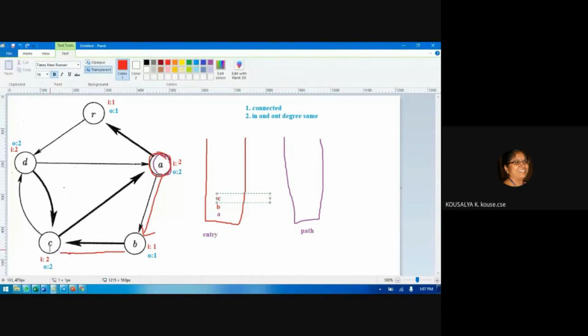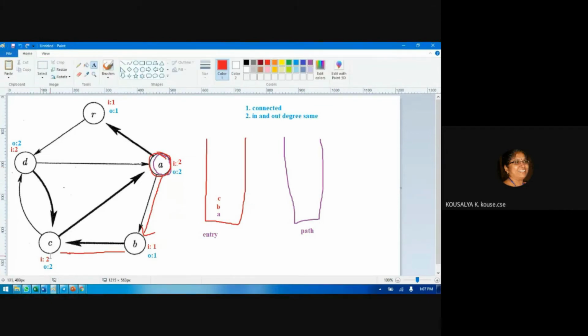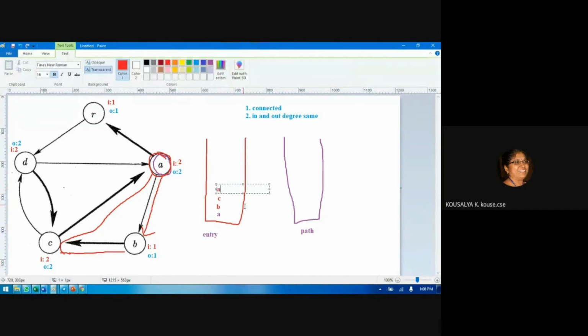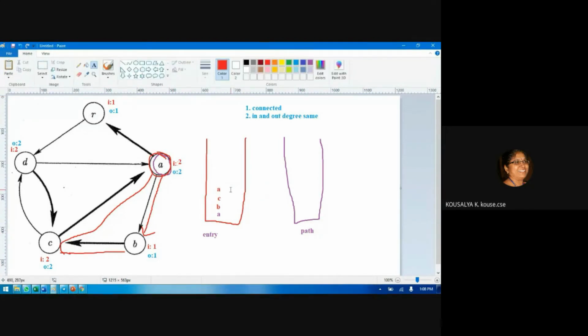From C, I may go to D or I may go to A. For our case, assume that I move to A, so I put A in my stack. After reaching A, are any other outgoing edges available?